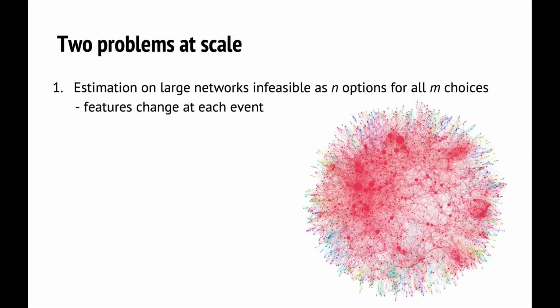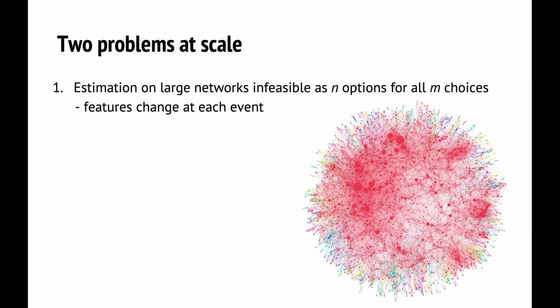So I've hinted a little bit at using these models on large data, and we talk about two problems, probably more, that happen when you apply this model on large data. One is that the construction of the data and working with the data size gets really hairy because at every edge you can potentially connect to every other node.